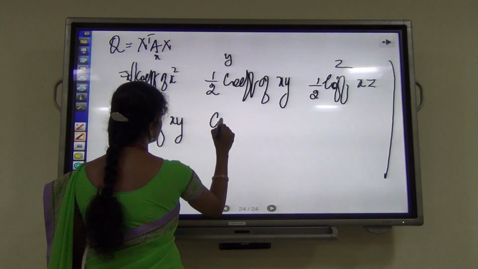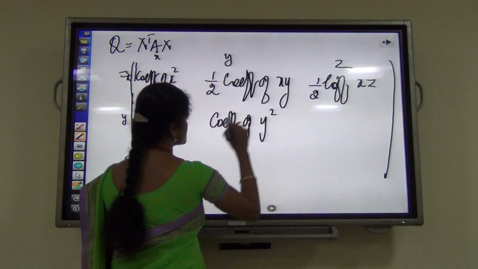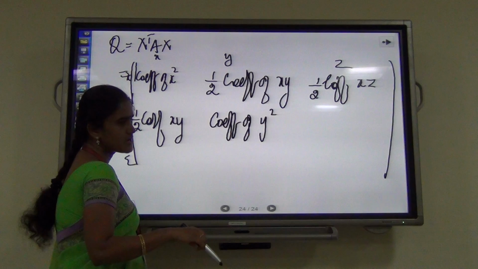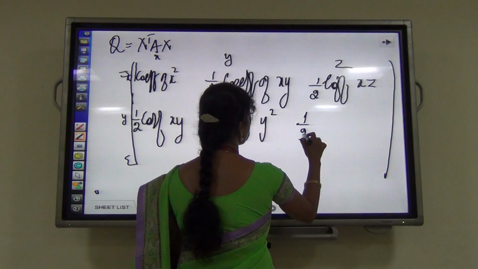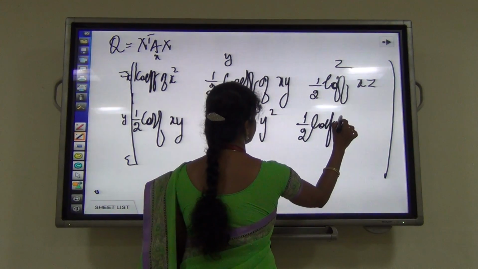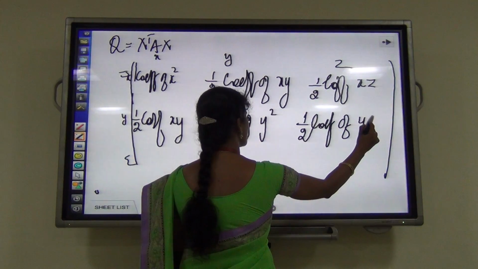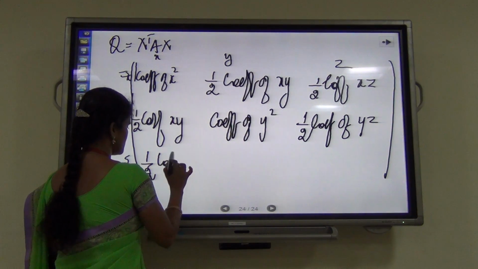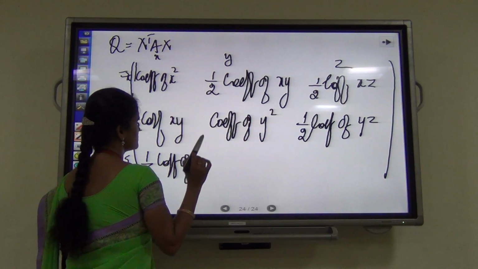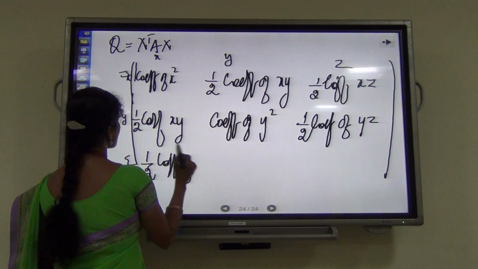So here again we get the coefficient of y square. The diagonal entries are taken as such; except for the diagonal entries, you have to divide the other entries by 2. Half coefficient of the combination of y, and half coefficient of the combination of x.